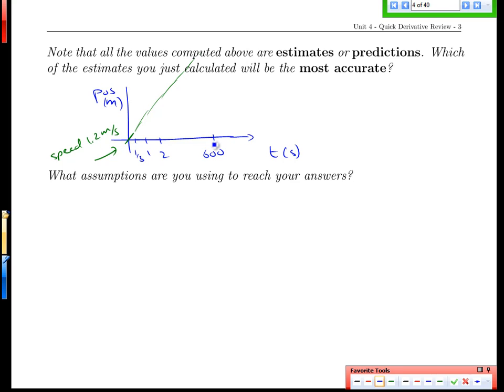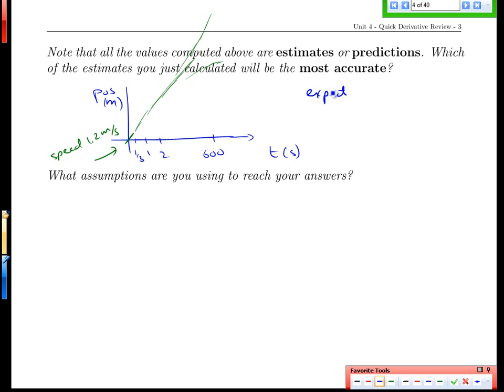If we go up to 600 seconds, what we might expect is, well, we might be going faster, we might be going slower. There's a lot of time between now and 10 minutes from now that might affect how fast we walk. However, in the next 1/3 of a second, short of running into a brick wall, we're probably going pretty close to this same velocity, the same speed. So we expect the most accurate prediction on our last page.